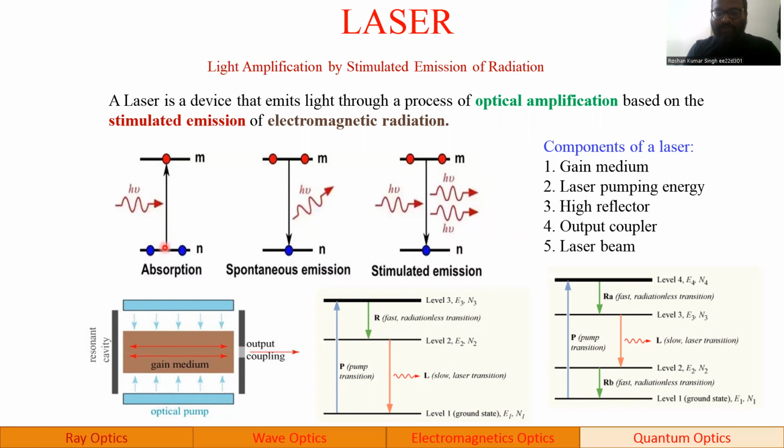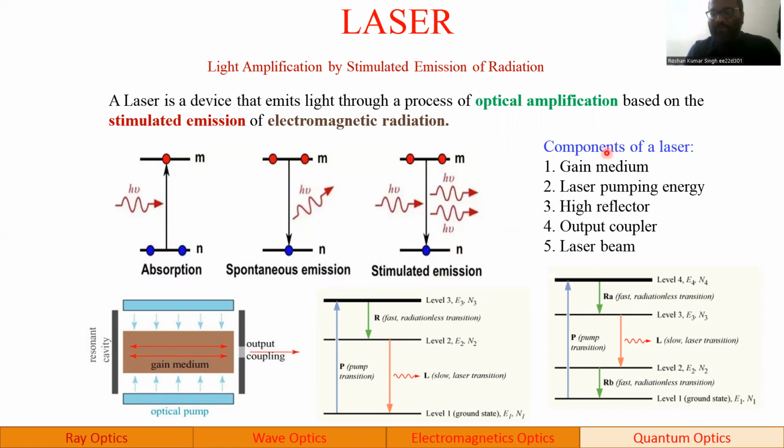First, we absorb the photon and the electron gets excited. After that, it comes to the ground state and emits a photon, and this photon is used to stimulate other electrons. The number of photons increases with time, it amplifies the radiation, and from this amplification we get the laser.